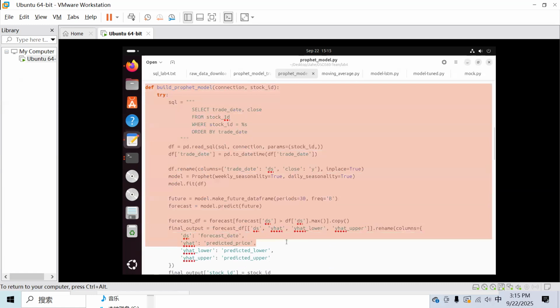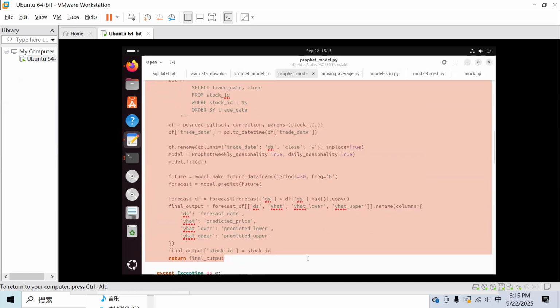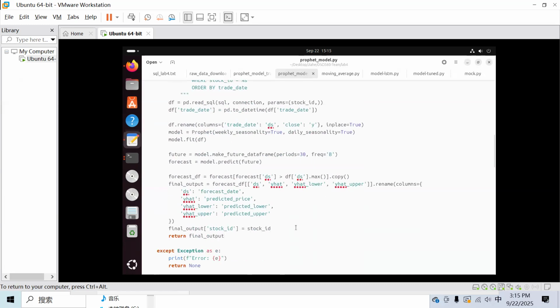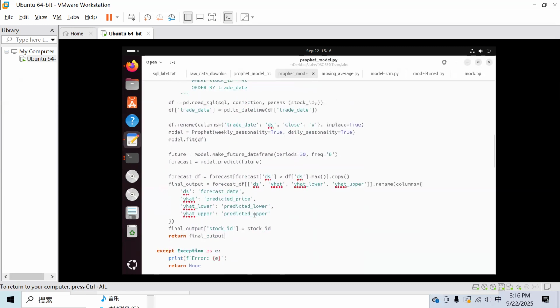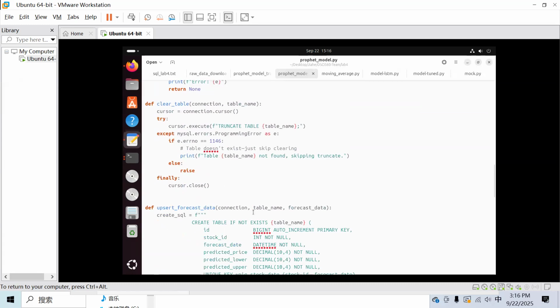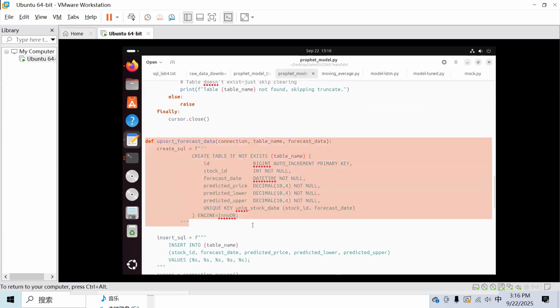We use the trade date and the close price for training the model. Finally, we get the period of 30 days. Each one has the forecast date, predicted price, and predicted lower and upper bounds. Then I use another method to insert it into a new table that has this information.